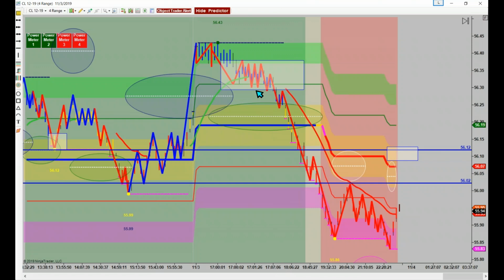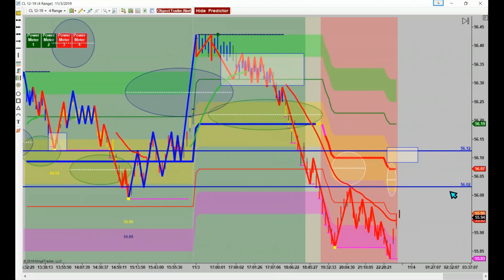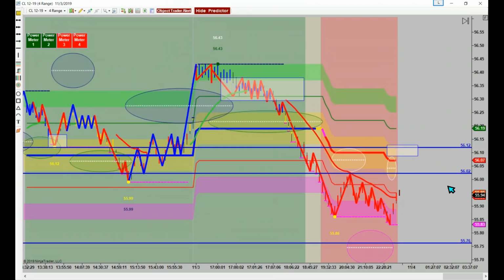Let's see, algos don't recheck identified swings a second time. Well, a lot of times they do. Let's just play this out and see what happened here, and y'all tell me when you want to take a trade. We're not going to use Object Trader just yet. We got our box drawn.